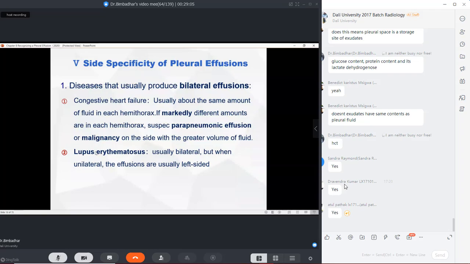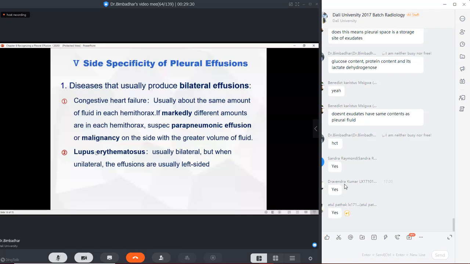For example, congestive heart failure, as in cases happening with hypertension. Patients suffering from hypertension, and mostly congestive heart failure, produce a remarkably significant bilateral pleural effusion.